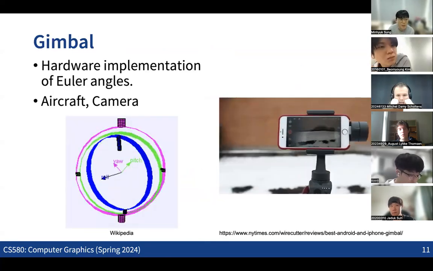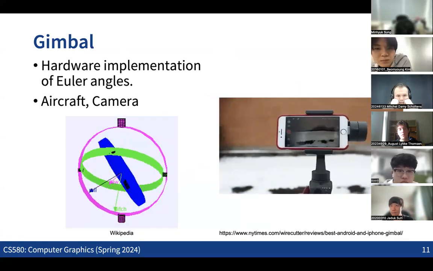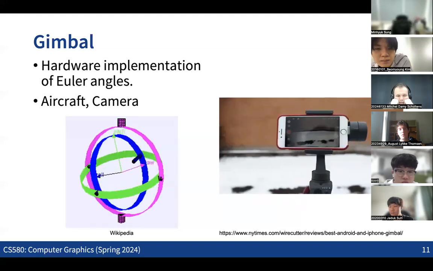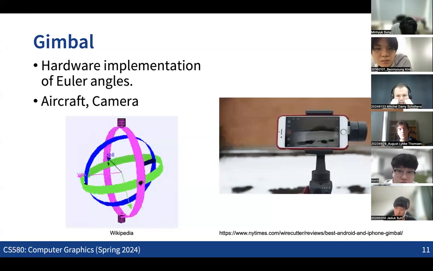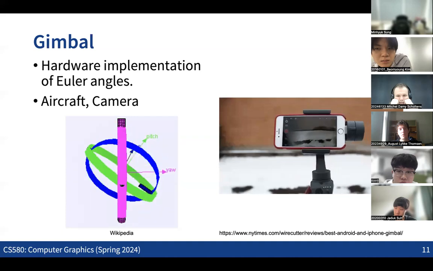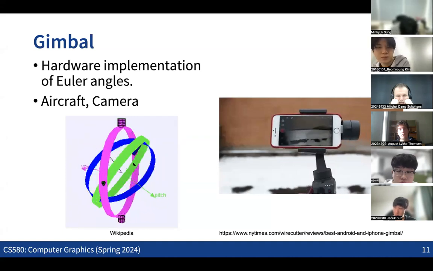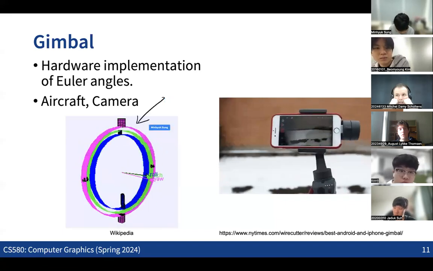I'm not sure whether you have seen a camera stabilizer. Have you seen those kinds of things? This is a stabilizer of the camera for making a smooth trajectory when you shoot a video using the camera. You can see that some of these devices have a gimbal, which is a hardware implementation of the Euler angles.